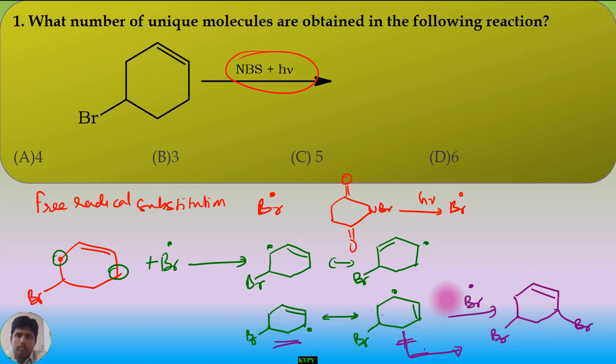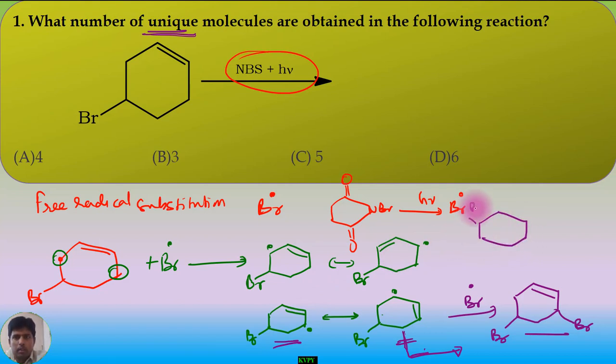So this is one product which is possible. Then, as the question says, unique molecules. So we have to look at these two radicals. These two radicals will give two different molecules actually.